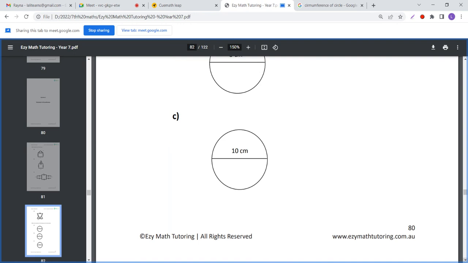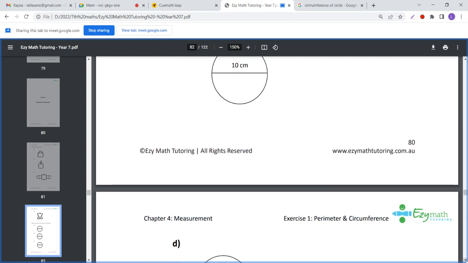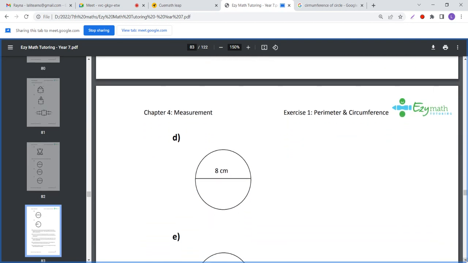How much? 1.4. Okay. 8 centimeters. 25.1.